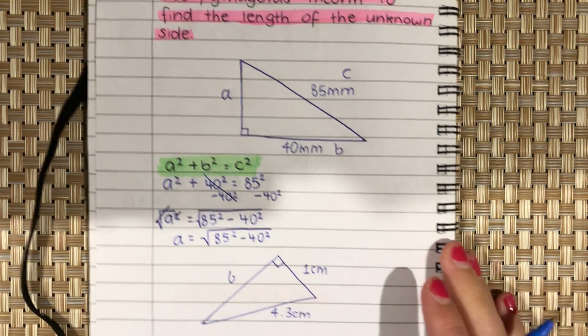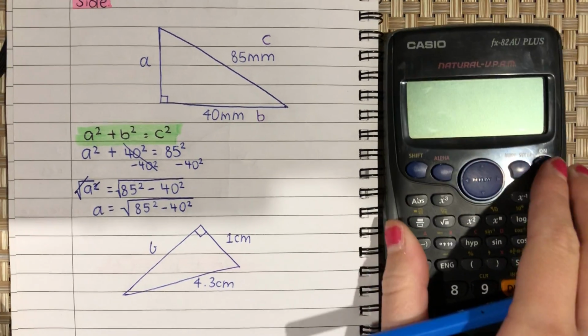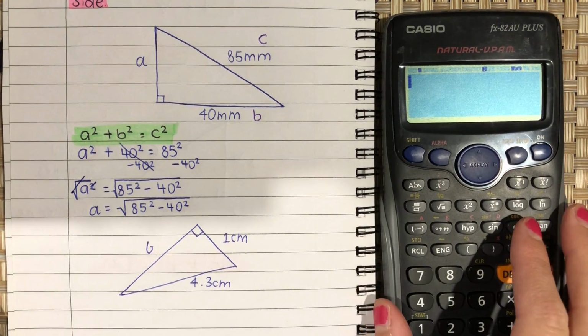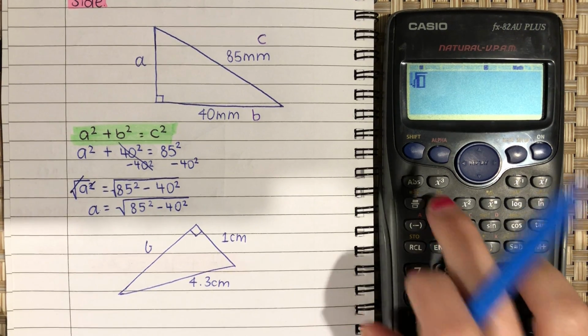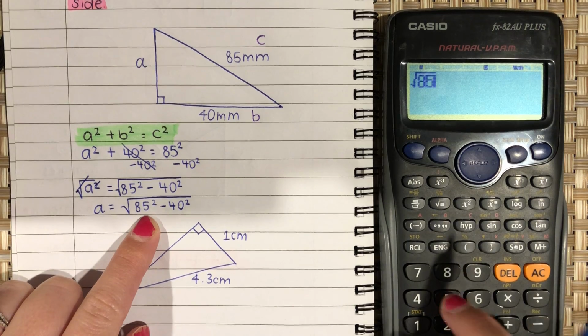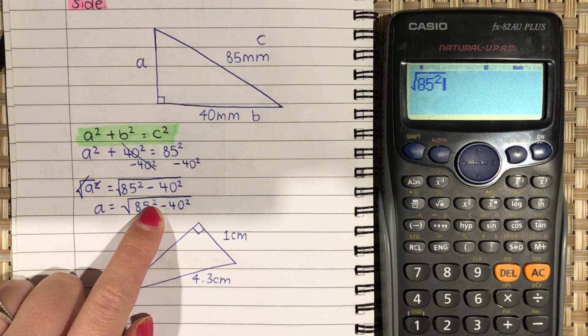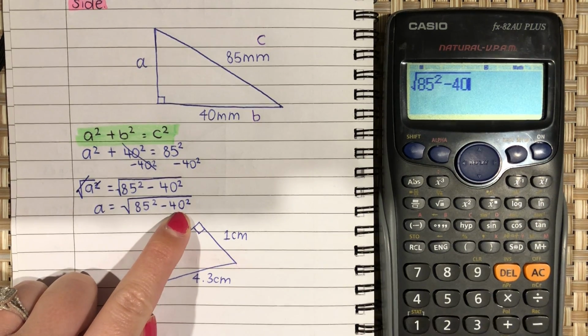You literally put that in your calculator exactly how you see it. So I'll turn my calculator on. My square root sign is over here, so I'll click that. And I've got 85 squared minus 40 squared.